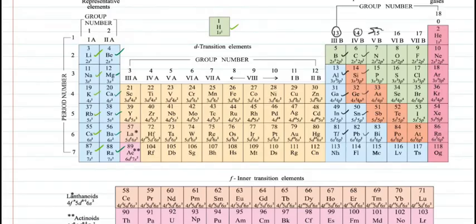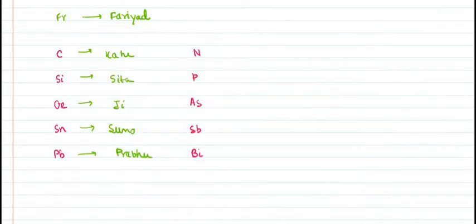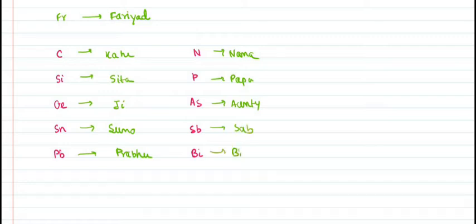Look at the 15th group. Nitrogen, phosphorus, arsenic, antimony, bismuth. What we can do here is N can be Nana, P is Papa, As can be Auntie, Sb is Sub, Bi is Bimar.